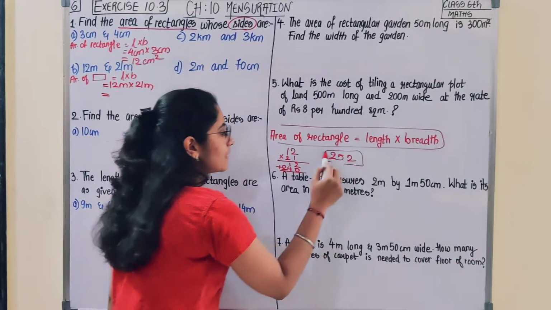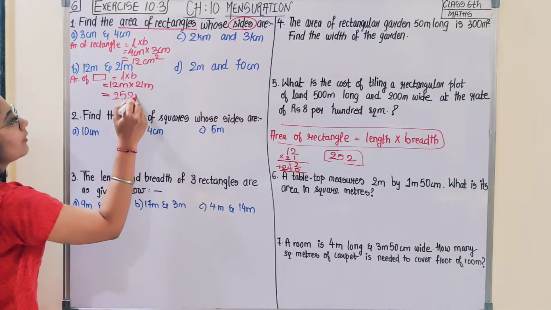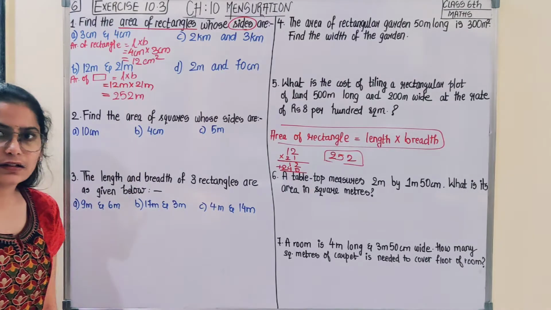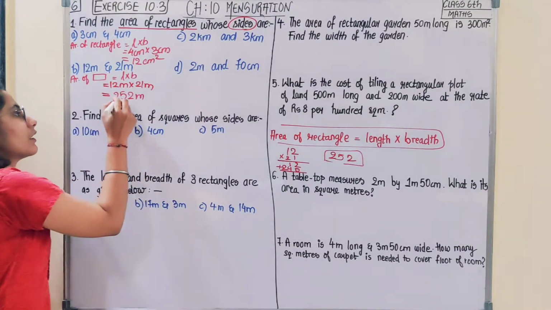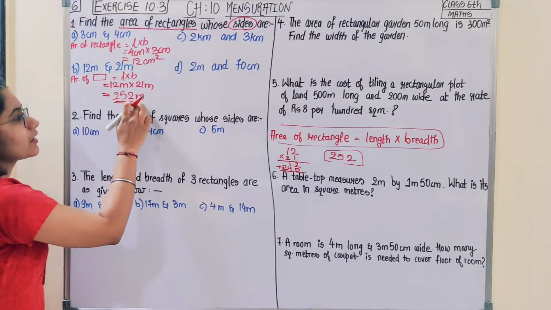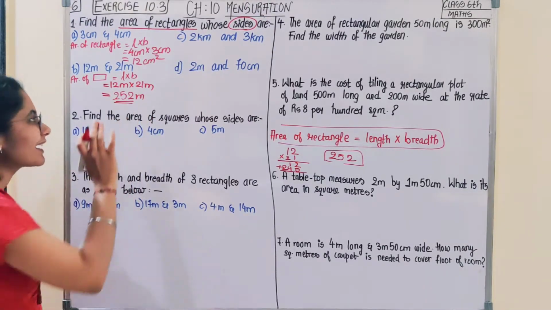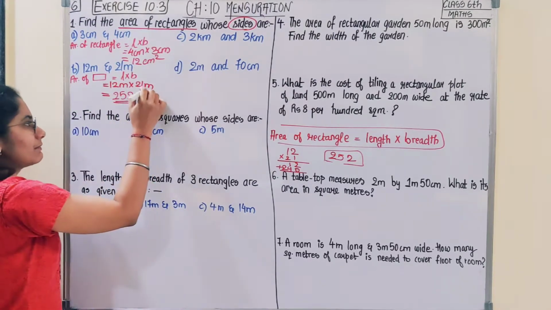So 252 meter. Correct? Observe the answer. The number is correct, but the unit is not correct, and immediately half mark would be deducted. So you have to write meter square.